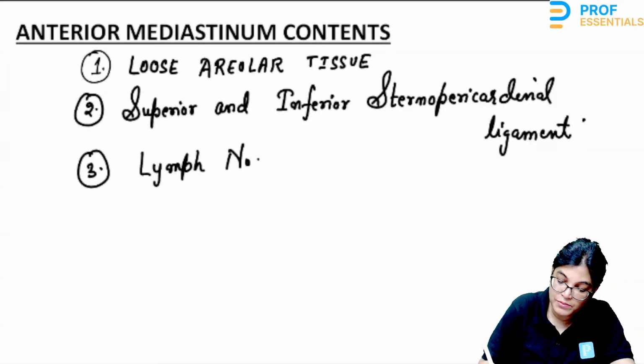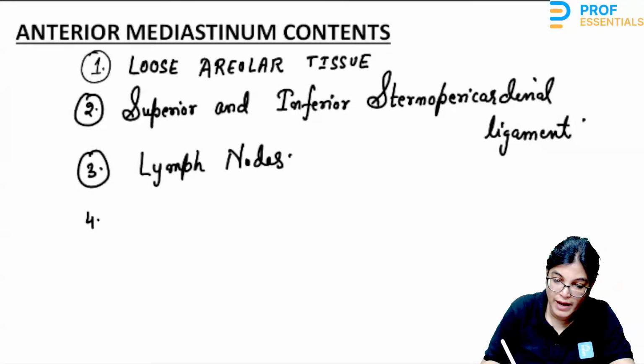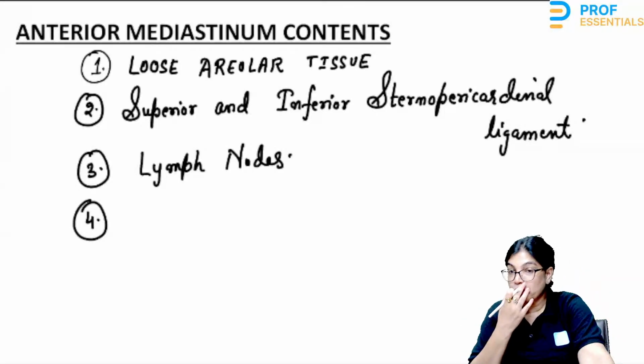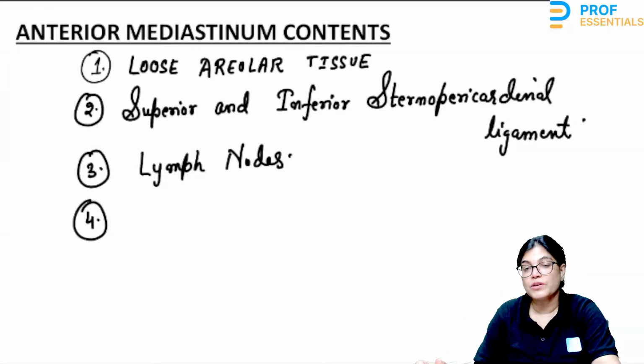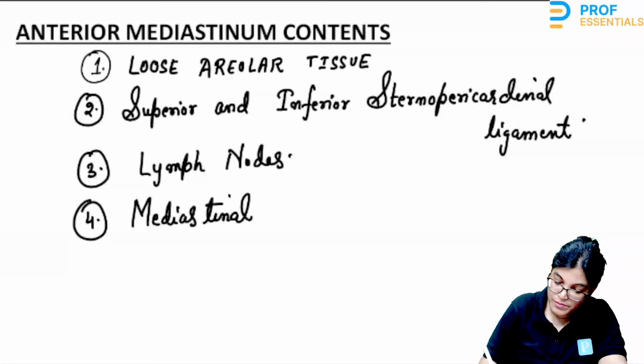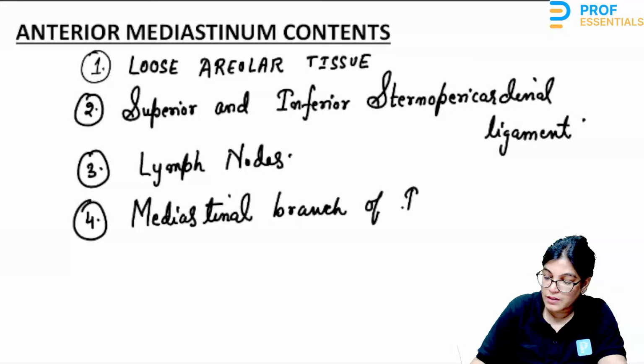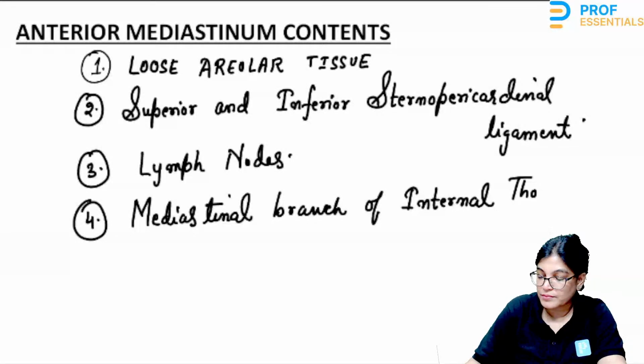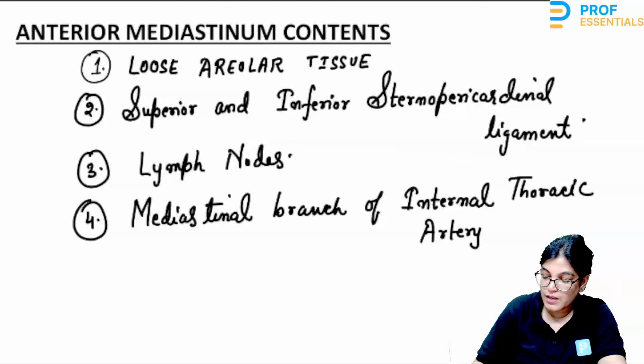That is the anterior mediastinal lymph nodes. We will also have the arterial branch, that is the mediastinal branch of the internal thoracic artery, as the content.